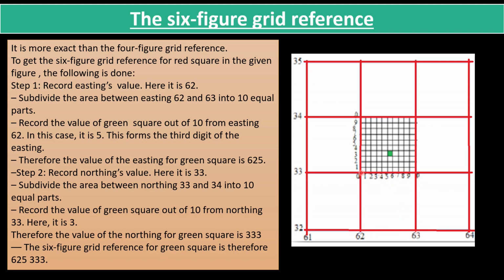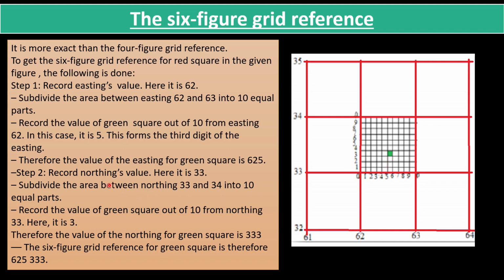In between that, we have to divide this area into 10 equal parts. First we write down 62 and then find out till where we have to go to reach that green color. From the starting point 0, then 1, 2, 3, 4, 5. The fifth line, so the eastings is 625.